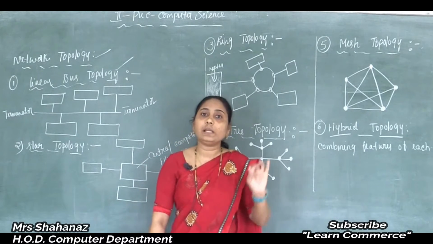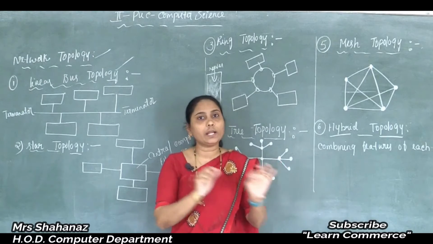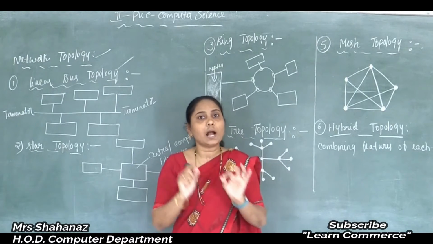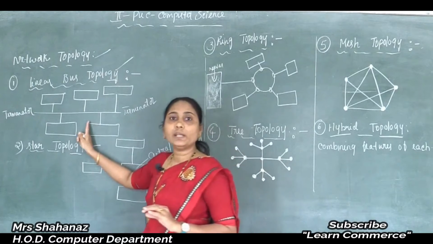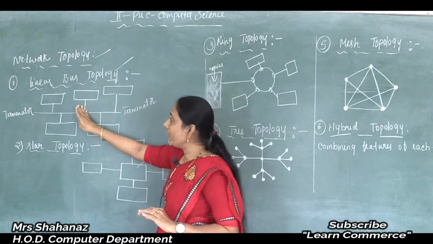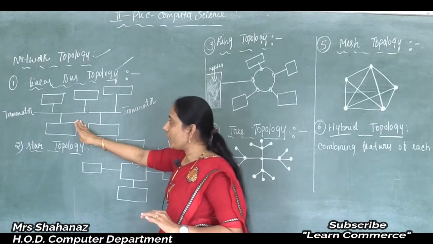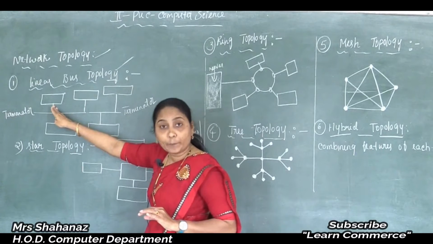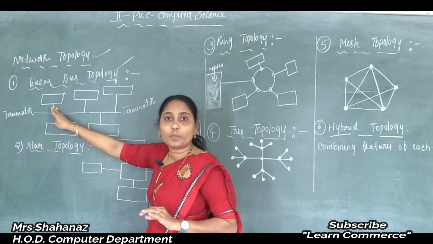So in our linear bus topology, all the computers or all the nodes are connected to a common straight cable. Clear this point? When you look at the diagram, some computers, some node machines are there.